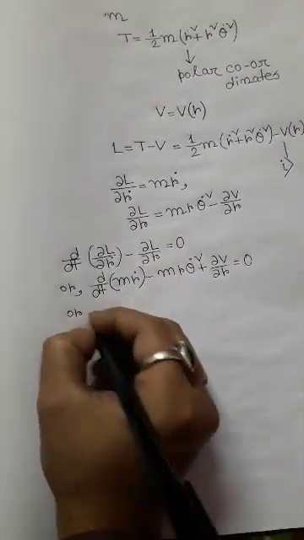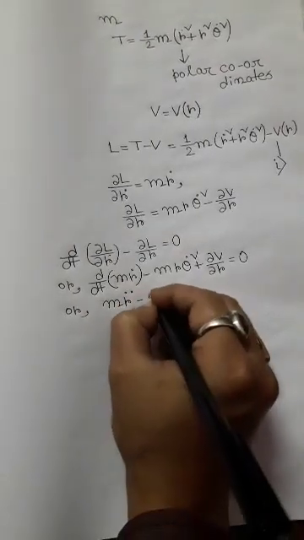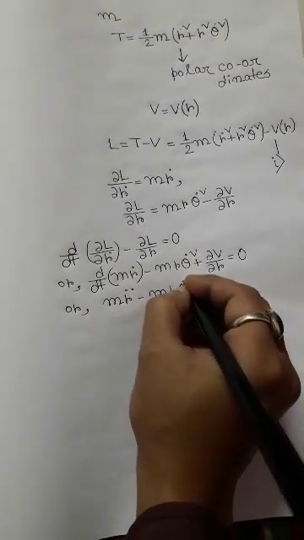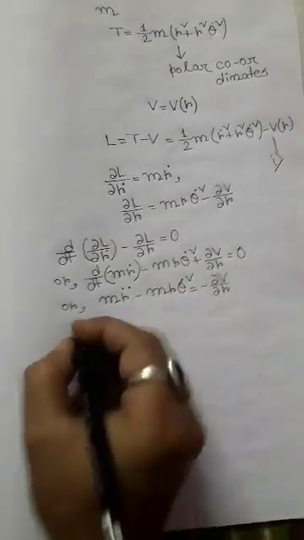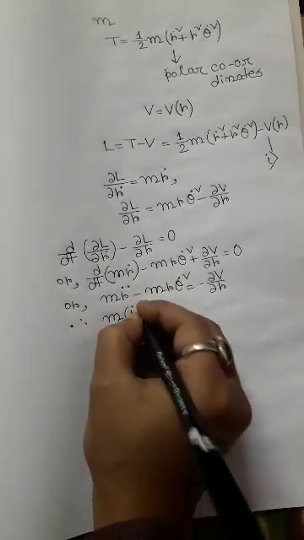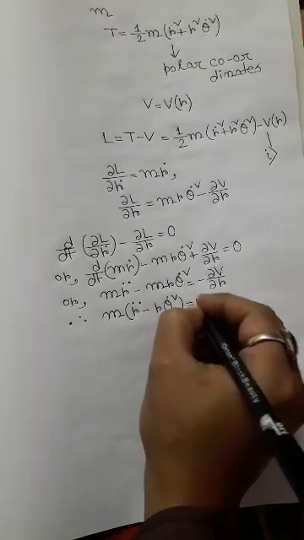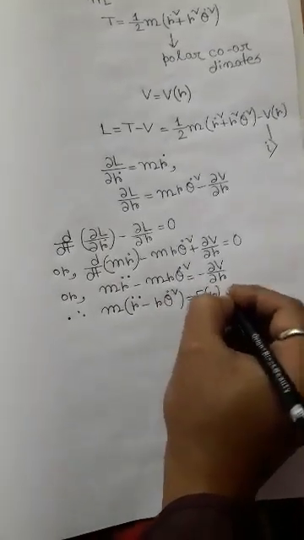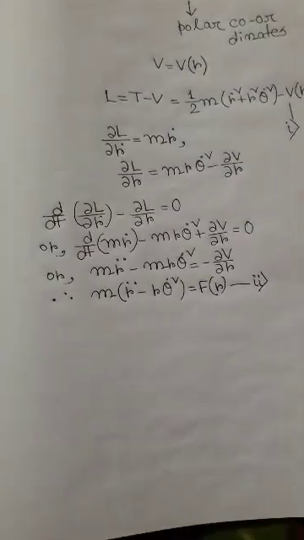So this is m r double dot minus m r theta dot square equals minus del V del r. This can be written as m times (r double dot minus r theta dot square) equals f(r). So this is the radial equation of motion of a particle in a central force field.